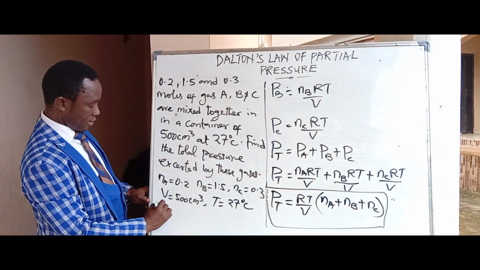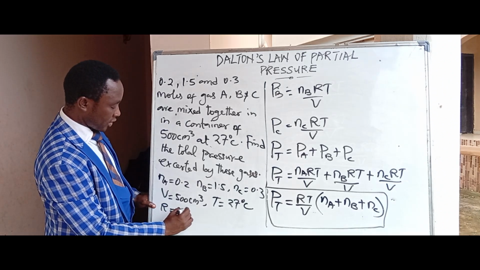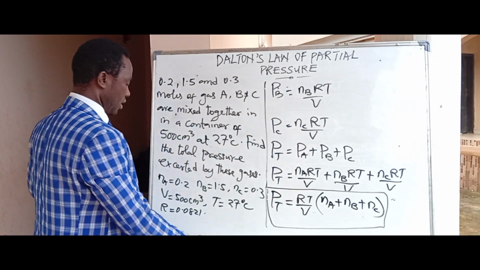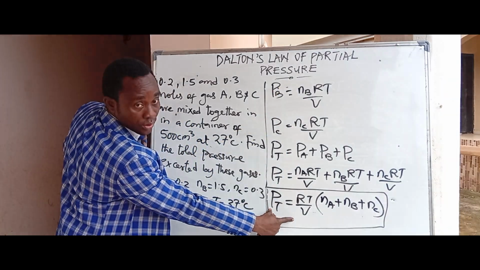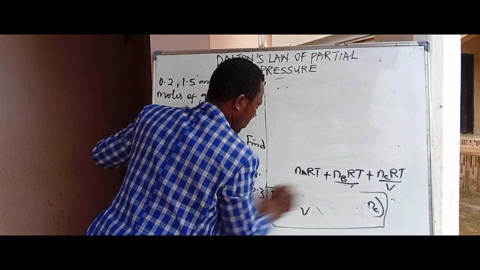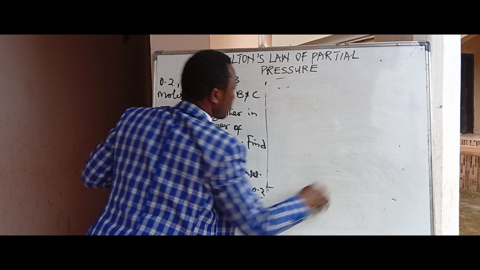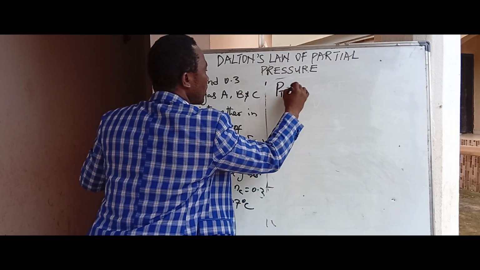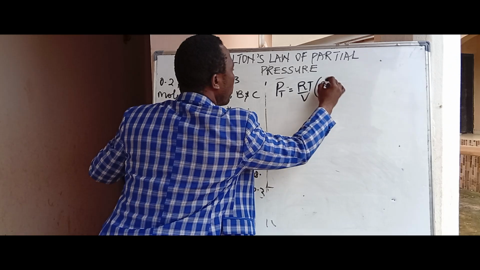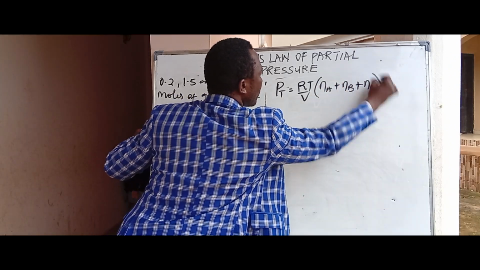Please remember that the molar gas constant is equal to 0.0821. Now if we put it into this equation here, we will see that our total pressure P total is equal to RT over V, number of moles of A plus number of moles of B plus number of moles of C.